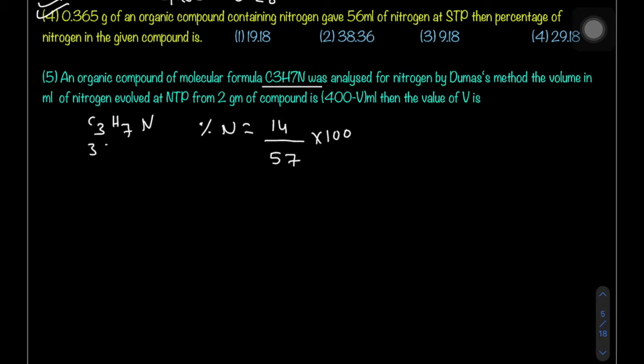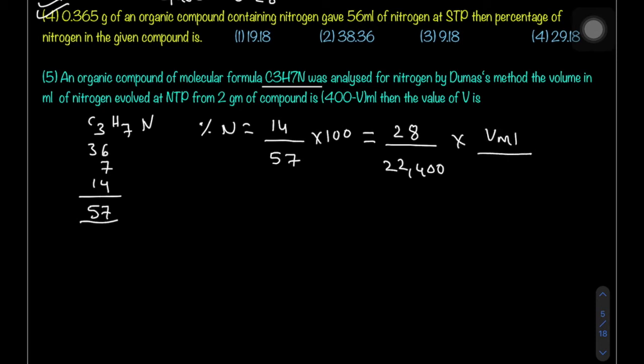How is it 57? Carbon atomic mass 12, 12 threes are 36, each hydrogen is 1 so 7, and one nitrogen is 14. So you have molar mass 57. This is the percentage of nitrogen. Actually, what is the percentage of nitrogen by using the Dumas method? 28 by 22,400 into volume of nitrogen at STP divided by weight of the organic compound given to you, 2 grams, multiplied by 100.